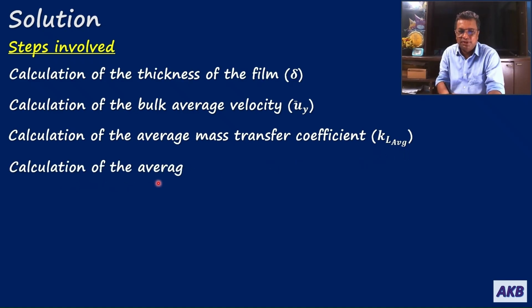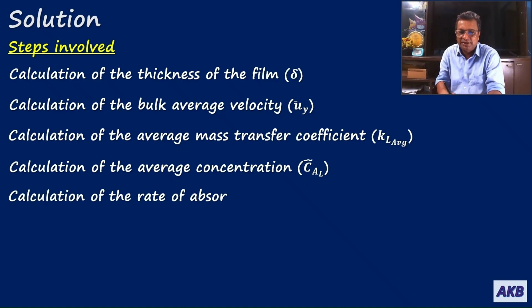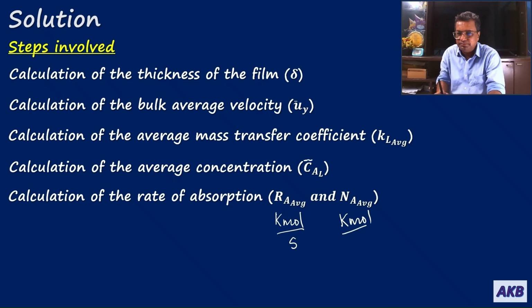Then we will be calculating the average concentration, that is CAL bar. And finally, we will be calculating the rate of absorption. That is, we will calculate the rate RA average in kilomole per second. And then we will also calculate NA average, which is the mass transfer flux. It is kilomole per meter square per second.